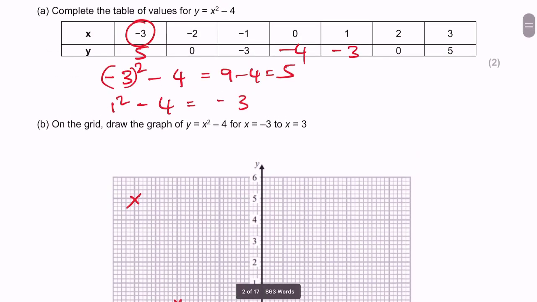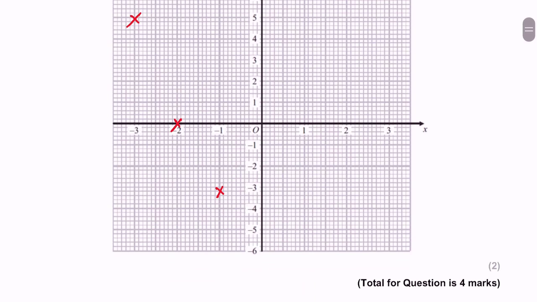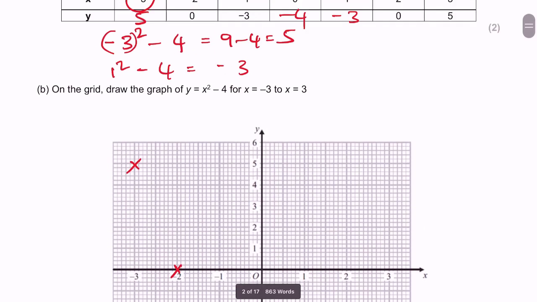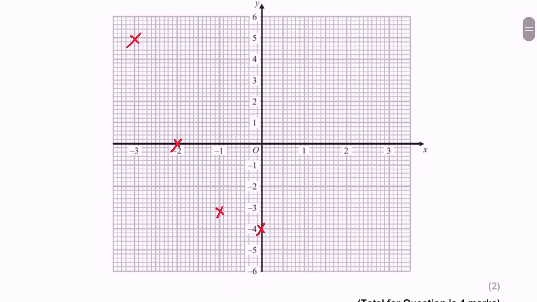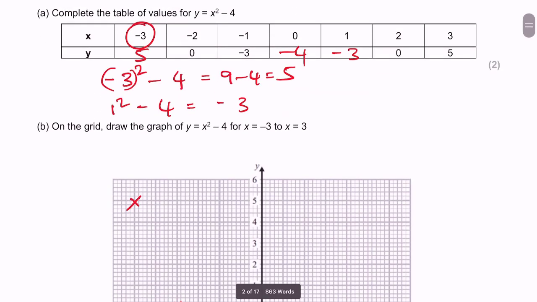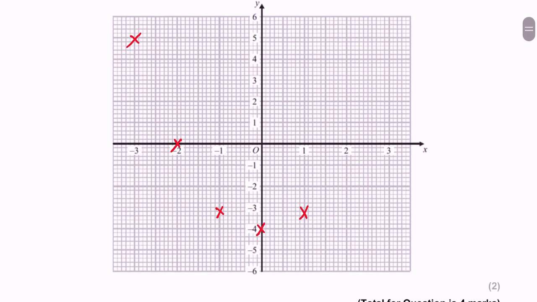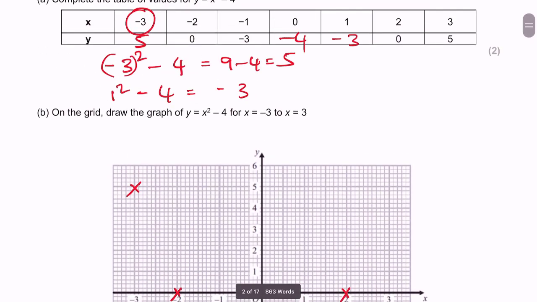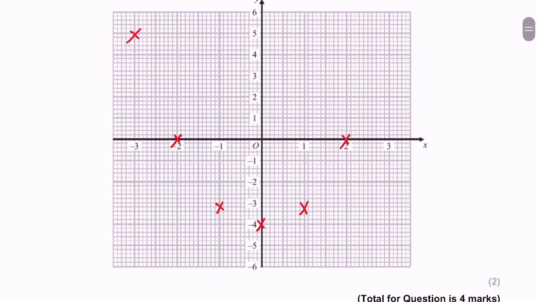Then we have 0, minus 4, 1, minus 3, 2, 0, which is here, and then 3, 5.